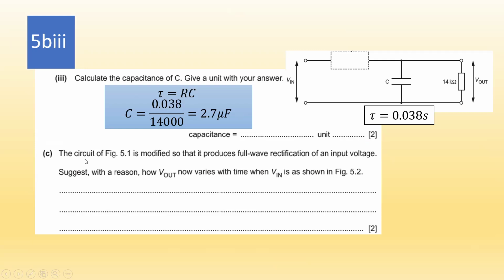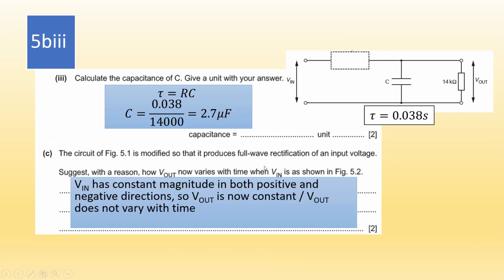The circuit of figure 5.1 is modified so that it produces full-wave rectification of an input voltage. Suggest the reason how V out now varies with V in, as shown in figure 5.2. V out has a constant magnitude in both positive and negative directions.